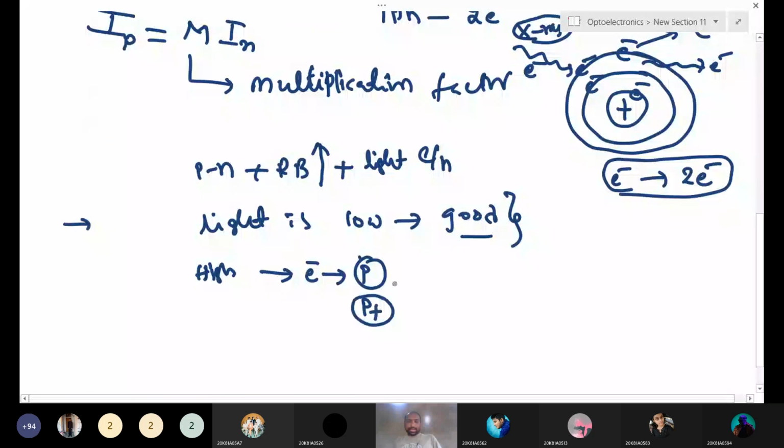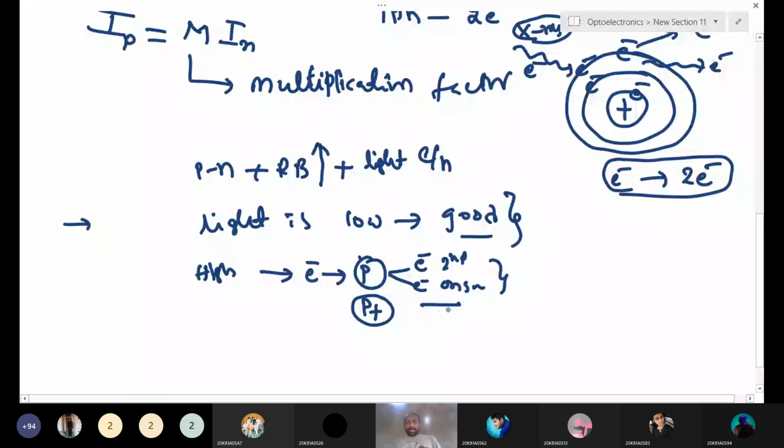And it is also creating one more extra electron. One is the original electron and this is the secondary electron. That is why here light intensity is low, but still we are producing high current. That is the advantage. Only we are using this collision, this impact ionization process.